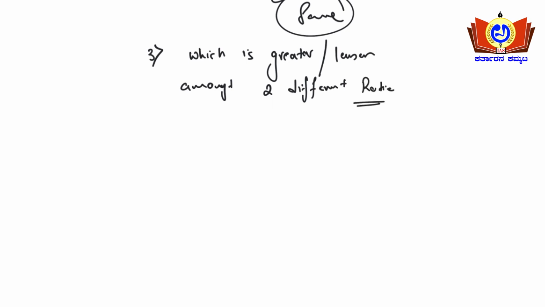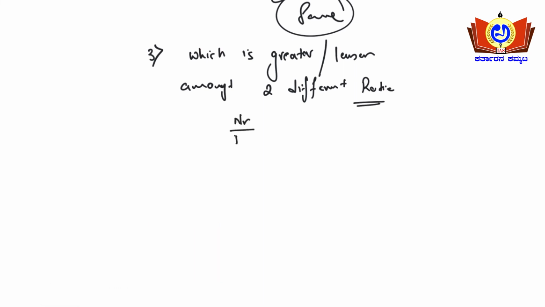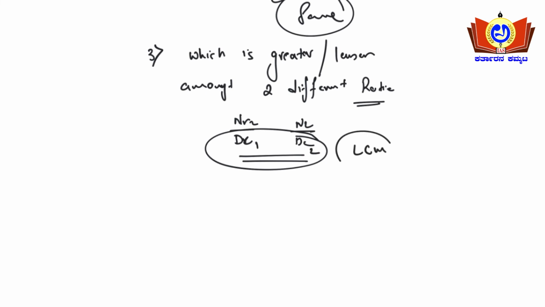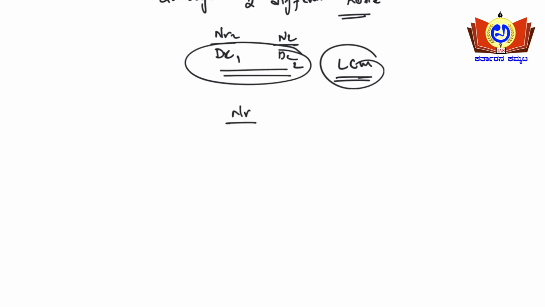Then you need to equate the denominators first. Denominator 1 and denominator 2 need to be equated, so we take the LCM of the denominators. Then we compare the numerators. After equating the denominators, check the numerators: the greater the numerator, the greater the ratio, and the lesser the numerator, the lesser the ratio.